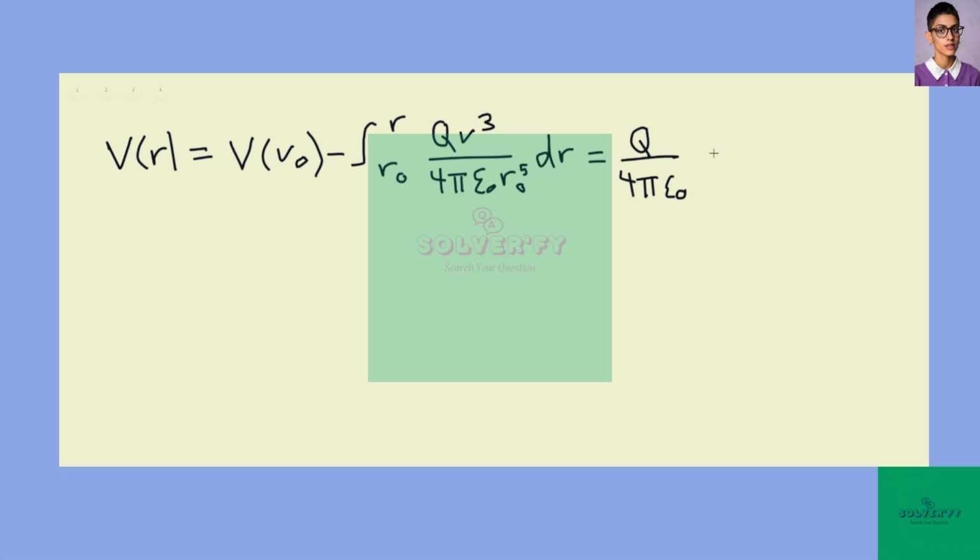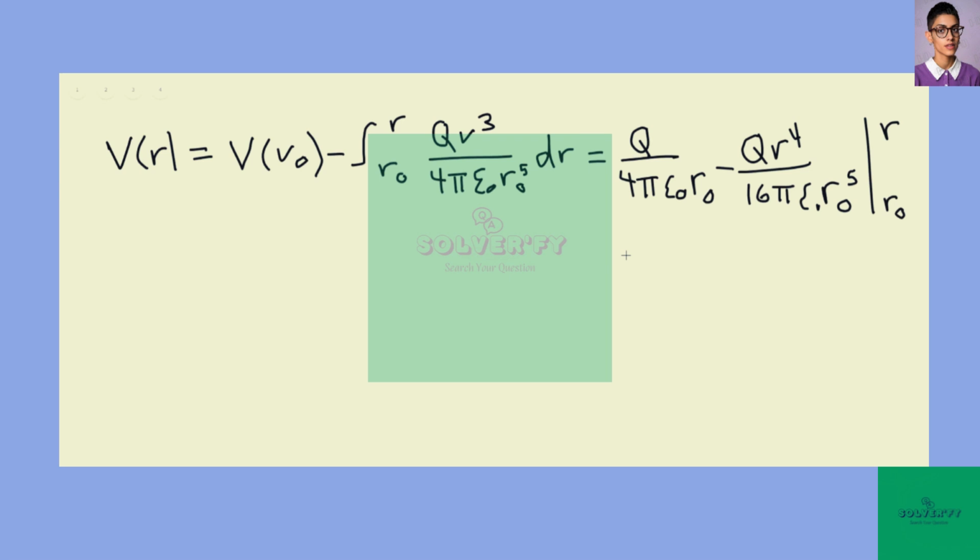Actually, we can relatively straightforwardly do this integral. We will have this, all that evaluated from r naught to r.